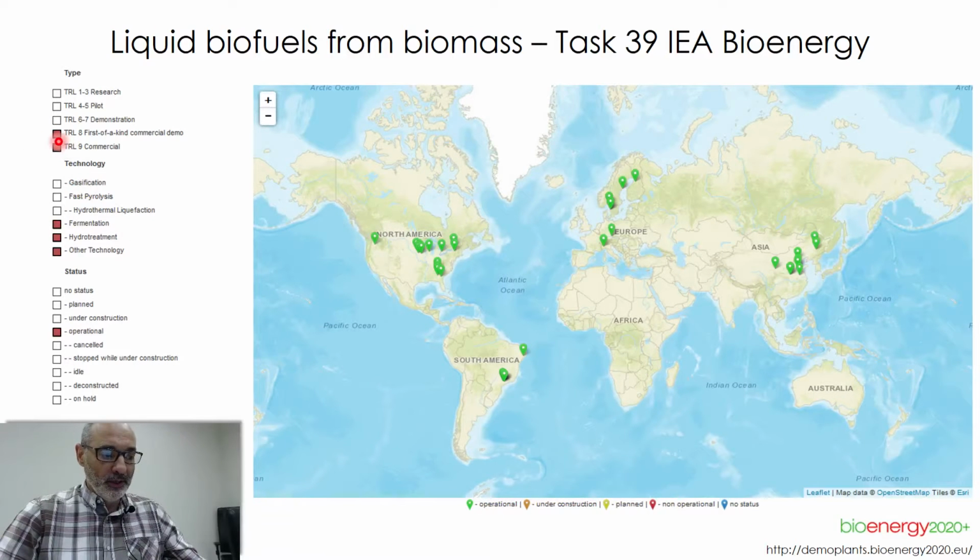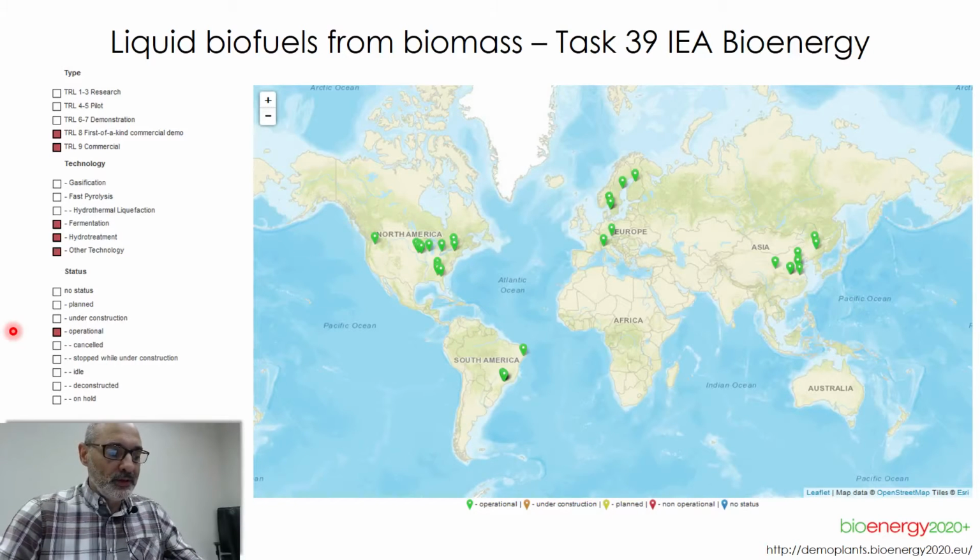Let's consider only the more mature ones. TRL 8 and 9 are both commercial plants. TRL 9 means that you have more than one unit of the same configuration running for a certain period of time. So when you filter TRL 8 and 9, you have even fewer units.